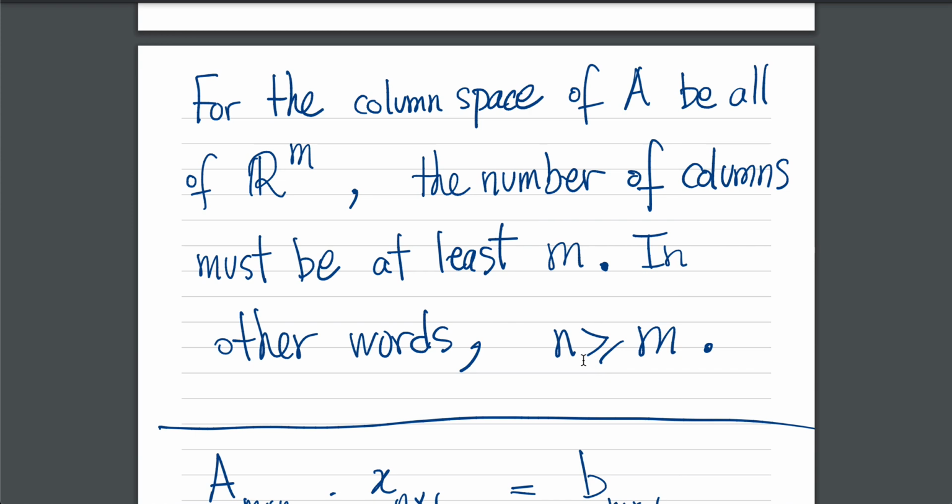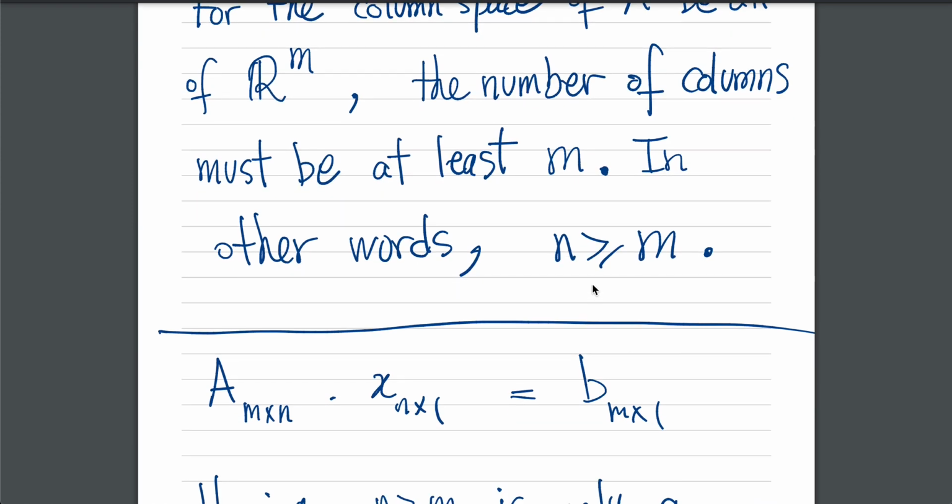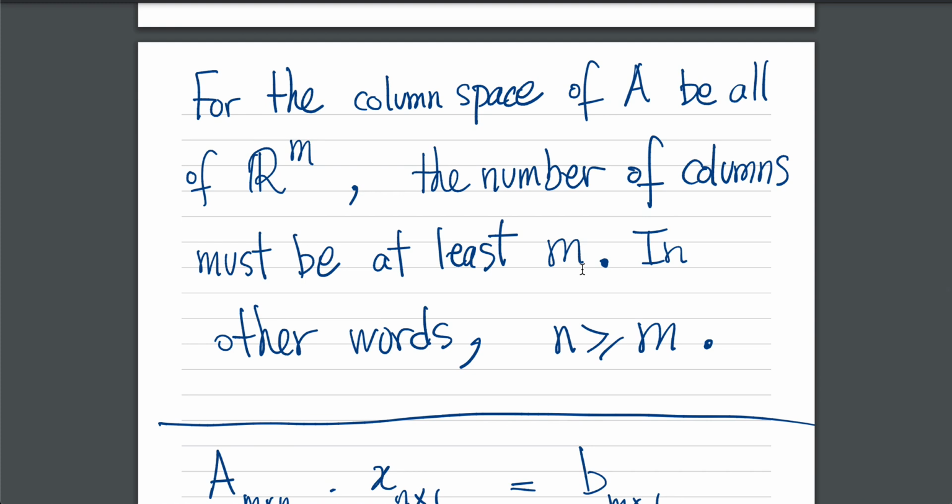In other words, n should be greater or equal than m, because n is the number of columns of A. Now, this statement and many other statements I mentioned earlier, they have rigorous proofs.